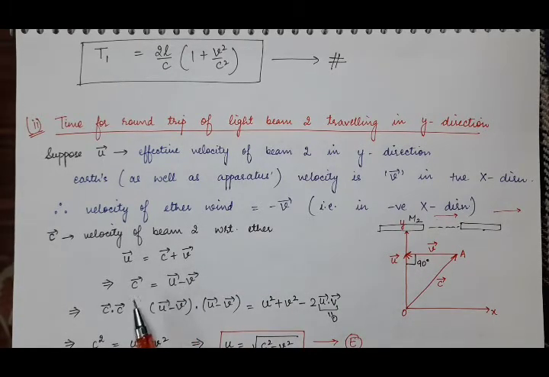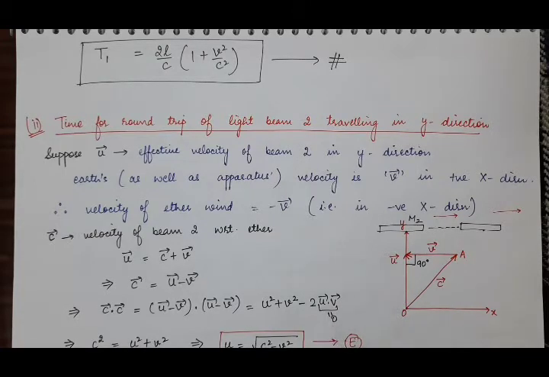And now take the dot product of the c vector with the c vector. And on the right-hand side, you will have the dot product of u minus v vector with the u minus v vector. And you will get this. And here you can see, after taking the dot product, you will have 2u dot v.